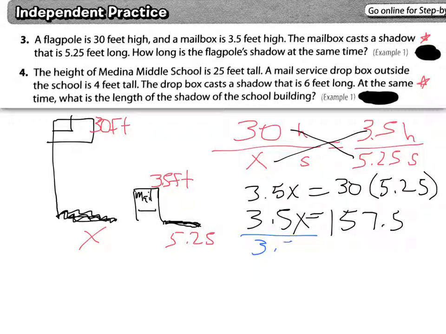So let's go ahead and divide, and you get x equals 45 feet. Okay, and you guys will have to write the answer in a sentence. So you would say something to the fact of the shadow of the flagpole being 45 feet long.